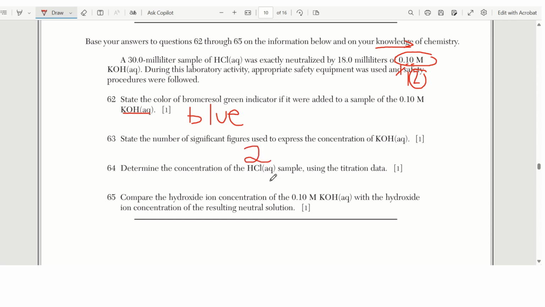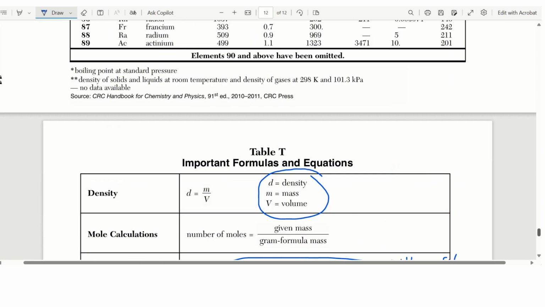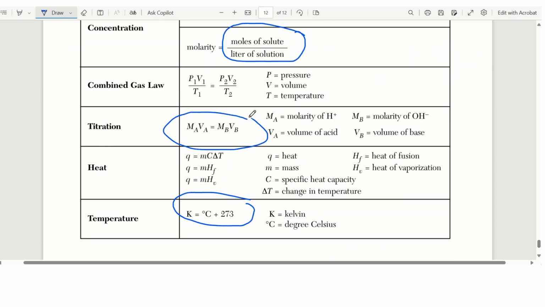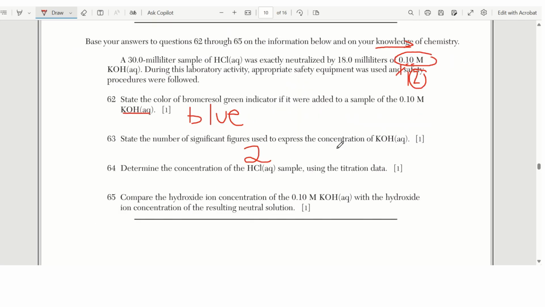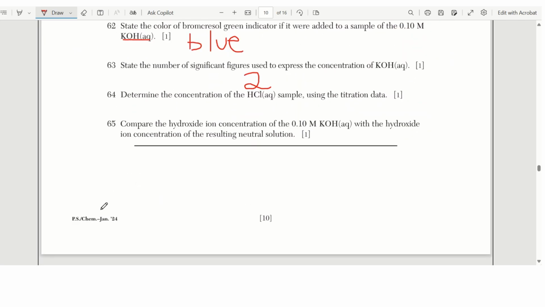Determine the concentration of the HCl aqueous sample using the titration data. So now we need a formula from the reference tables. We need this one right here. Remembering that the Ma is the molarity for the H plus and the Mb is the molarity for the OH negative. Okay, so let's just put it down here.